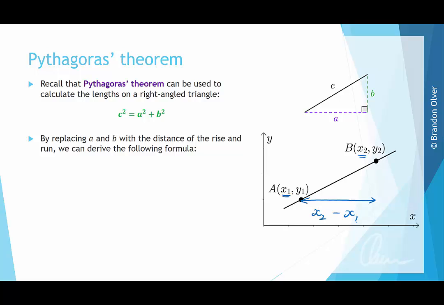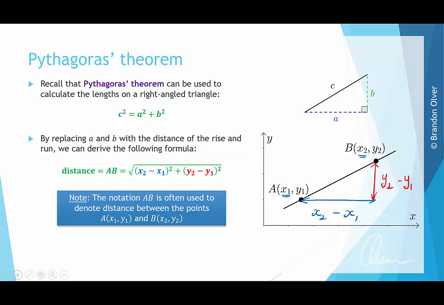So if we do that calculation, we find the length of the run, and similarly, the length of this rise is given by y2 subtract y1. So if we substitute that into this formula, we find that the distance, AB, is equal to the square root of x2 subtract x1 squared plus y2 subtract y1 squared. So the notation AB is used to denote the distance between the points A and B on a graph.